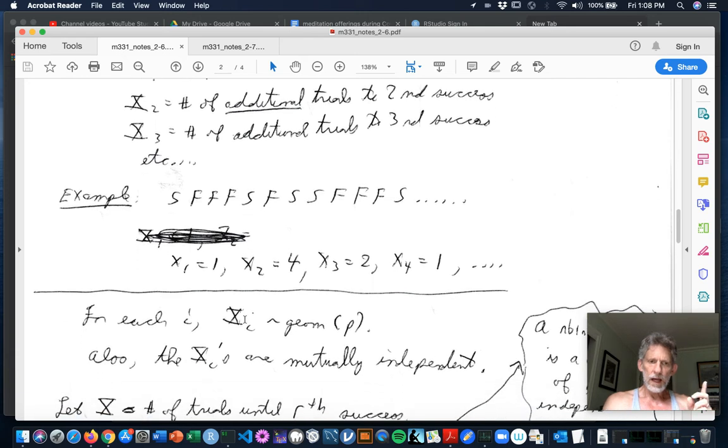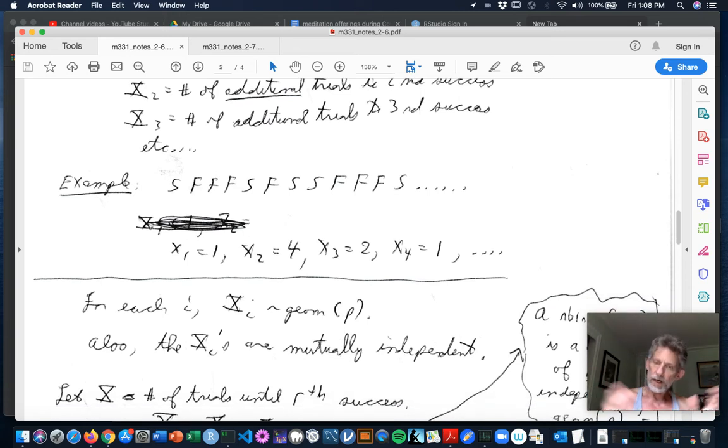Now, I claim that for every i, xi has a geometric distribution with chance p success, because within each interval where you're waiting for that success, that's a geometric random variable.